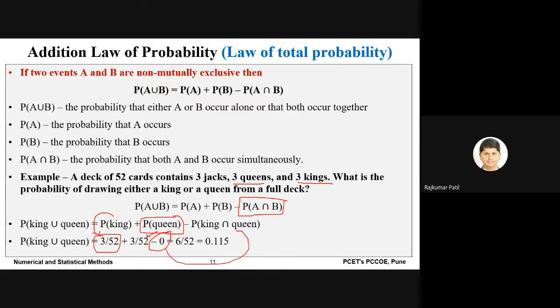That's why we are writing joint probability, that is A intersection B, as 0. And when we simplify this example, we will get outcome as 0.115. That is the probability that the card will have either a king or a queen.